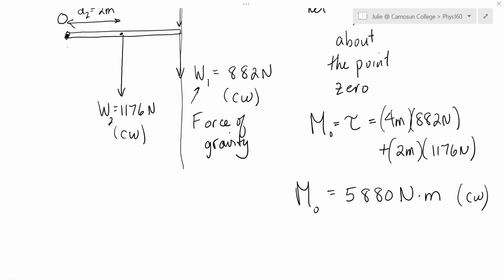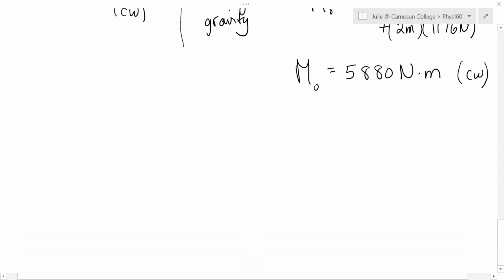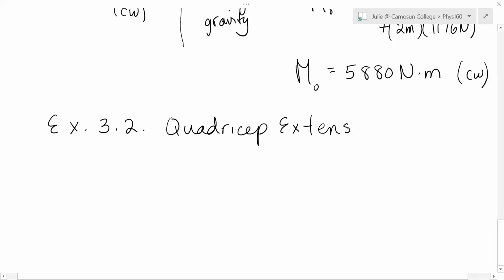The next example, 3.2, is the one where you're doing quadricep extensions on one of those machines at the gym. This is example 3.2, quadricep extensions. Now, the point of this example is that you'll see that depending on the position of your leg, this is your foot, and you've got this weight, you hook your foot around the weight.